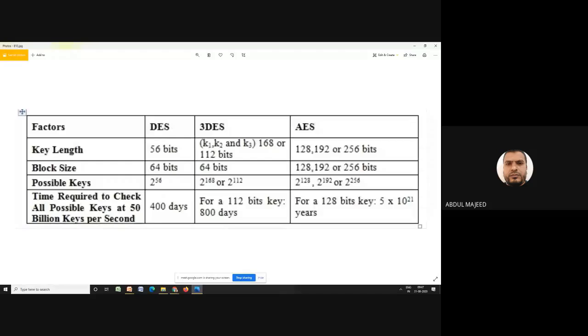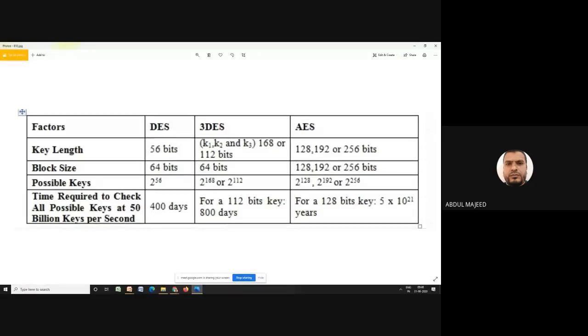Here you can see the key length is 56-bit and the block size is 64-bit, and the possible keys with 56 bits are 2 power 56, which we can break in 400 days. Forget about the number of days; in other words, there is a possibility that we can break the key.